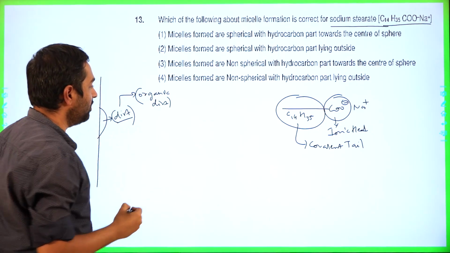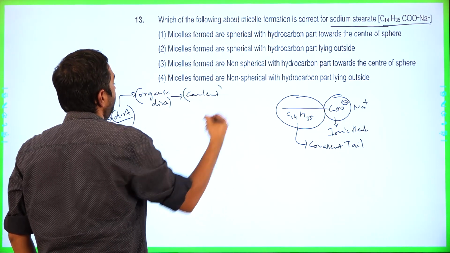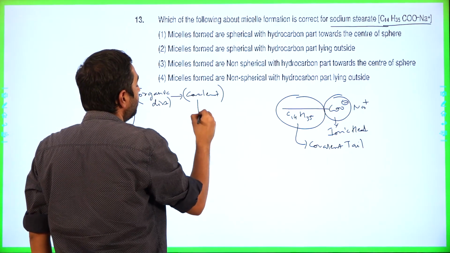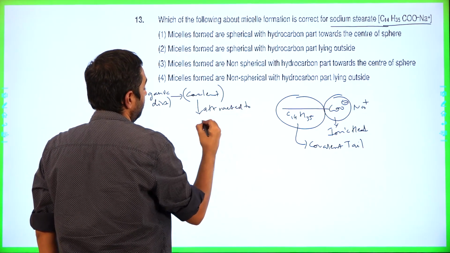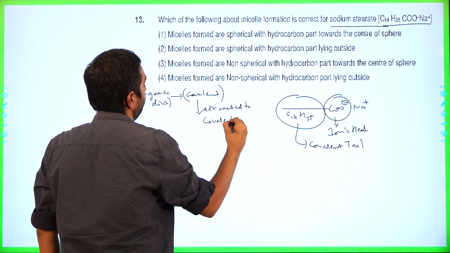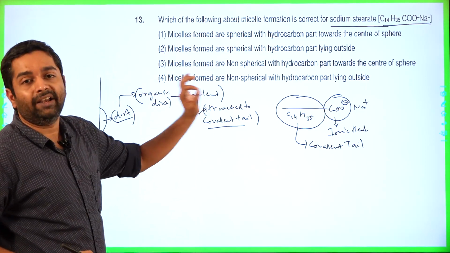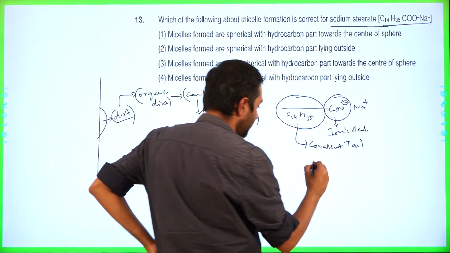Basically, it's something which is organic, meaning it is a covalent system. So this is going to be attracted to the covalent tail. What is the principle I am using over here? Like attracts like, or rather you can think of it as like dissolves like. That is the idea here.